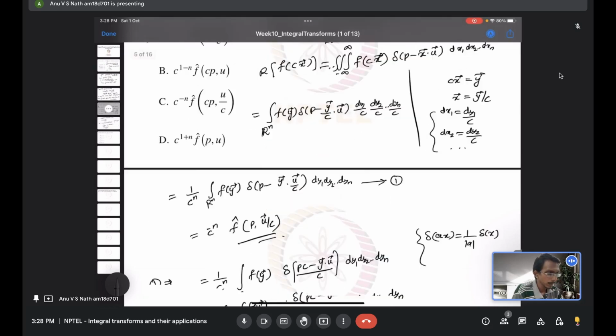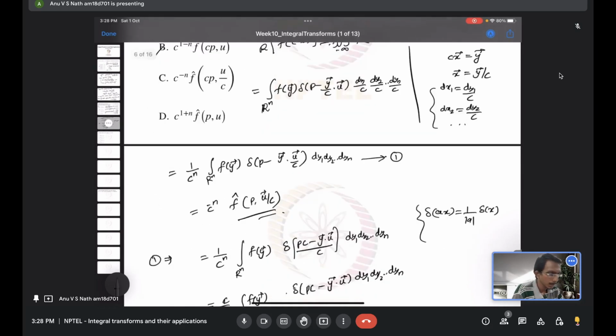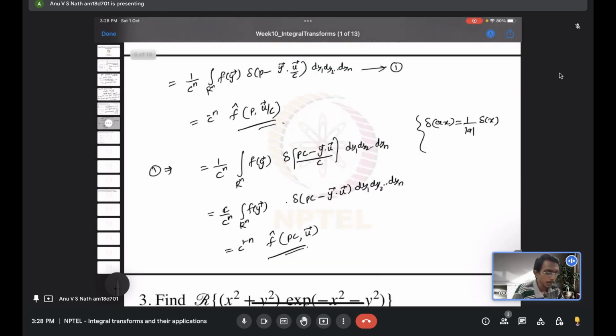So in that sense, we have option B also as a correct answer. I hope this is clear. It's actually a simple one, and we are just using the basic definition but modifying certain terms, that's all.